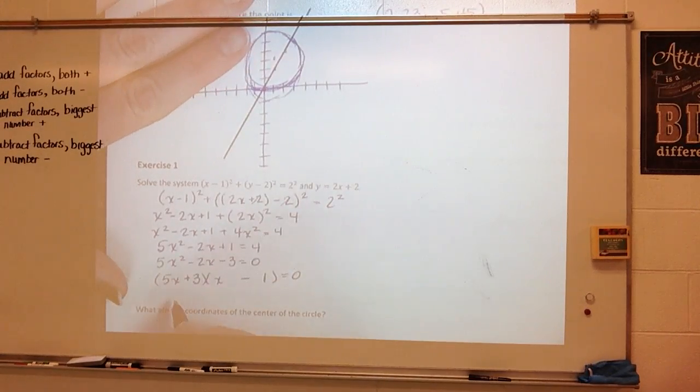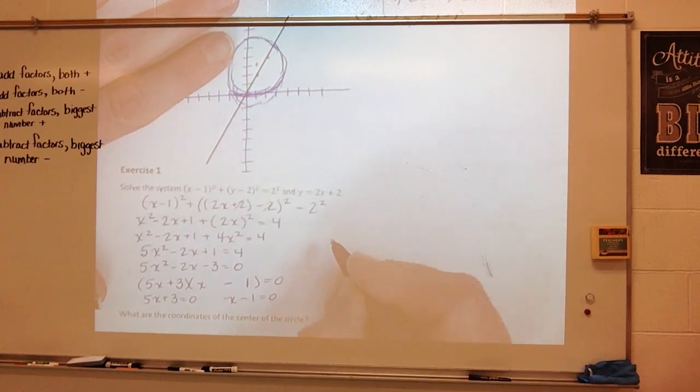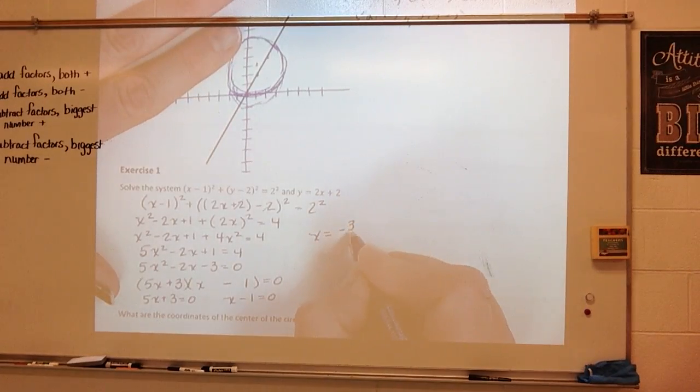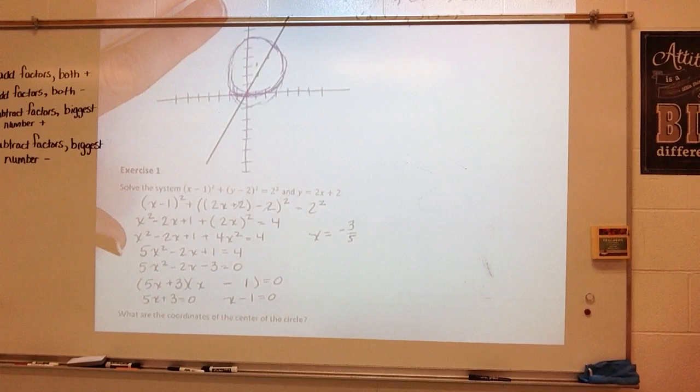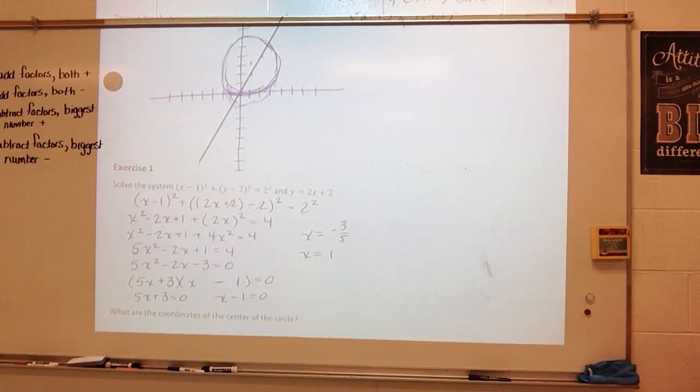And remember, I can set each of these equal to 0 and solve. So I get x is equal to negative 3/5. And x is equal to 1. Alright?